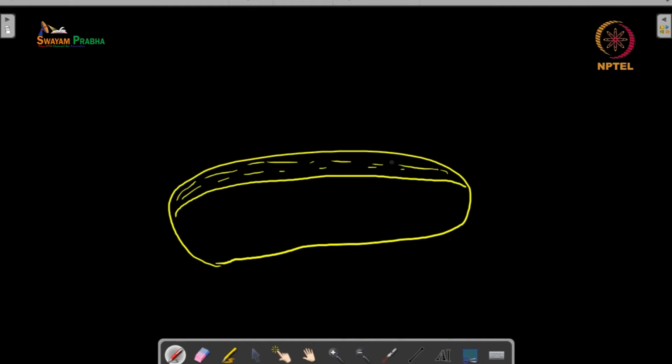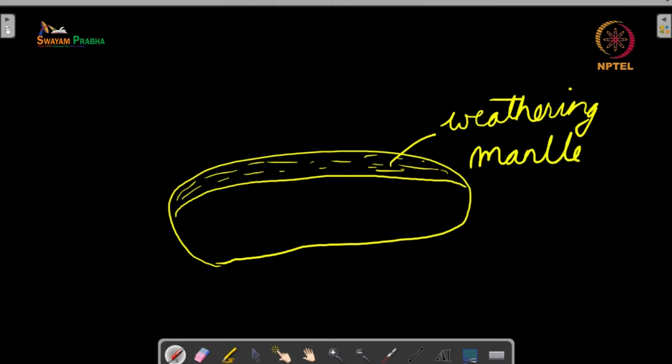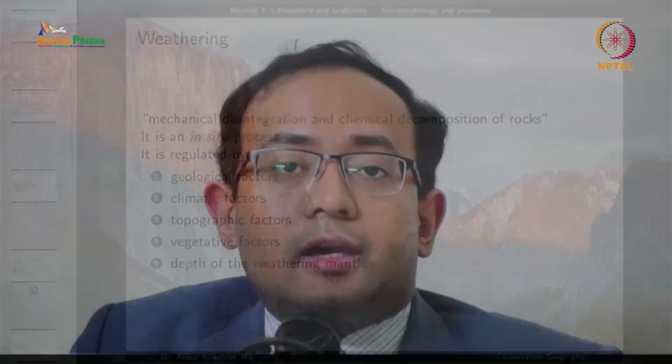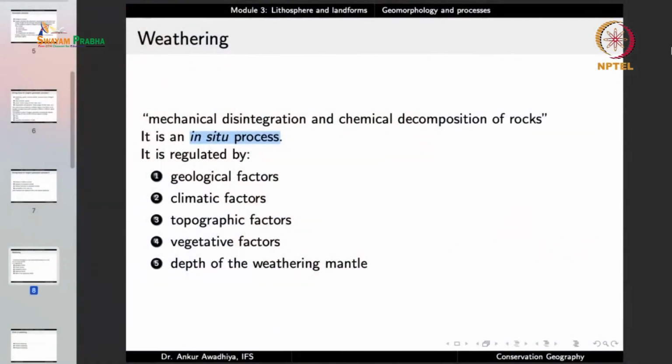If you have this thick a depth of the weathering mantle, now, if the weathering mantle is not removed by, say, the action of wind or water, then it acts as a protective blanket over the rest of the rock. So it prevents the weathering of the remaining portion of the rock. So these are all different processes that regulate the amount of weathering.